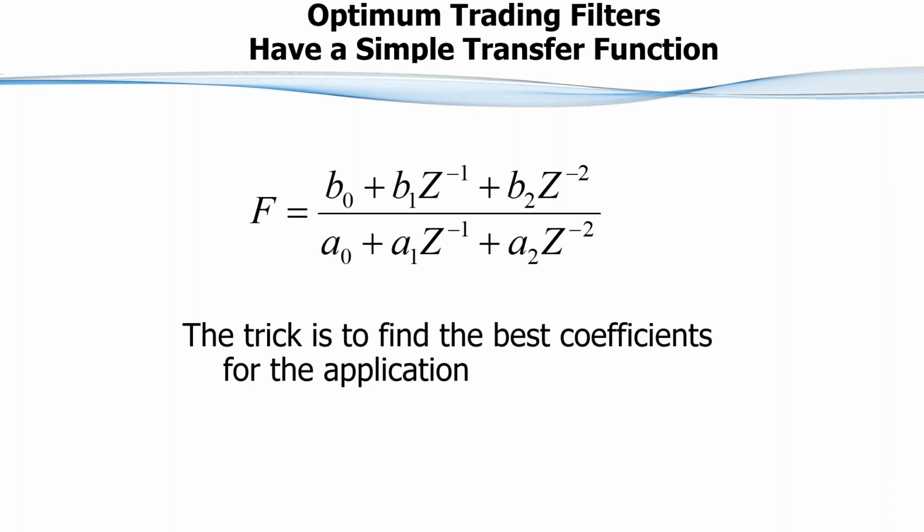We can't get many more terms than this in practical usage for trading, because the longer the polynomial, the more the lag. And if you get too much lag, the party's over before you make your calculation. So the real trick is working with this transfer function to find the best coefficient for each application. And that's where the majority of the effort falls.